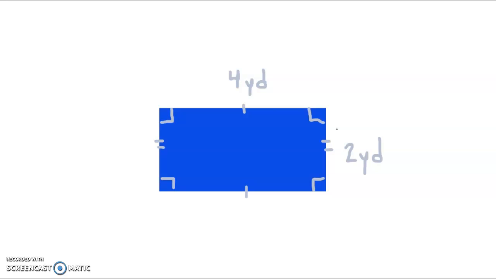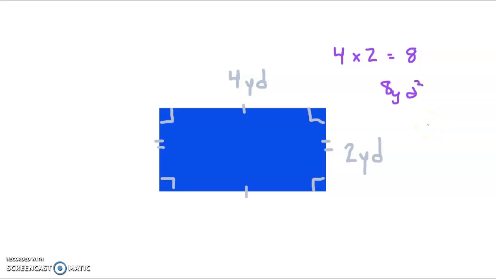To find the area, we multiply the length by the width, so we do 4 times 2, which equals 8. Now the unit for area is squared units. So instead of saying the area is 8 yards, we say 8 yards squared. So the area of this rectangle is 8 yards squared.